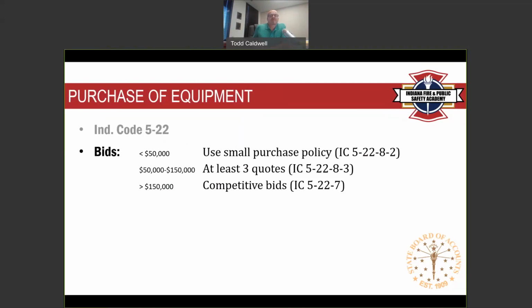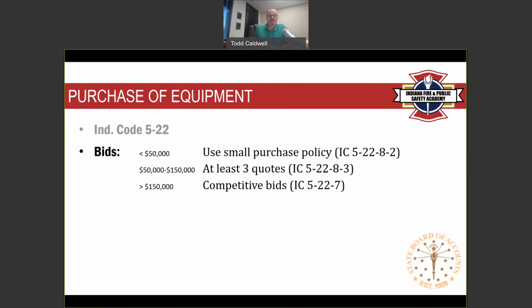So if you're going to purchase something that's less than $50,000, you have to use what's called the small purchases policy of your governmental unit. Each governmental unit should have written policies on how purchases under $50,000 are going to be handled. And it's just up to the local unit to decide what they want in that policy.